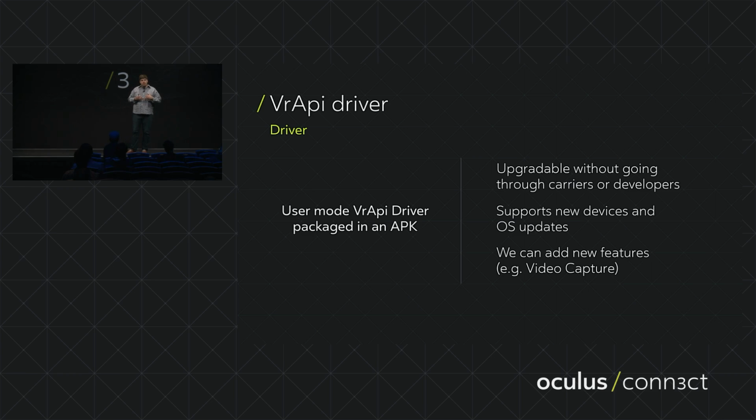So we can efficiently address issues as well as add new features. For instance, video capture is something we deployed across the entire Gear VR ecosystem through an update. Now through the universal menu, you can tap in the headset, start a video capture, record your game, and post it on Twitter or YouTube or Facebook or whatever, without building that feature into your application specifically.